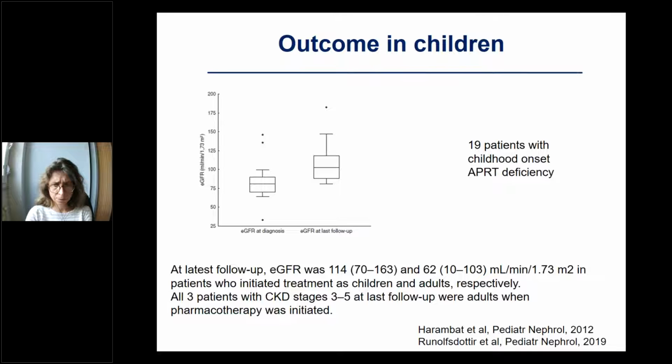Patients who started treatment as children had a better renal function, 114 milliliters per minute, compared to 62 in patients diagnosed and treated only at adult age. All 3 patients in this series with CKD stage 3 to 5 at last follow-up were adults when treatment was initiated. So if you can make the diagnosis in childhood, the kidney function will be better preserved in adulthood.